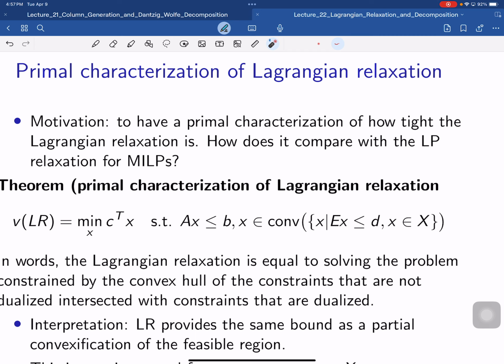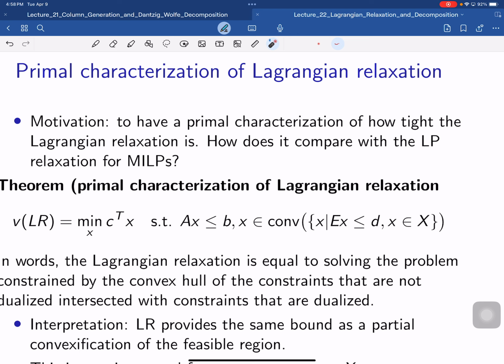Recall that in Lagrangian relaxation, we dualize the complicating constraints. After you dualize those, the rest of the constraints are the linear constraints that you did not dualize and the integer constraints. So when you do the Lagrangian relaxation, you get the same bound as the convex hull of those constraints you did not dualize, intersected with the constraints you dualized.